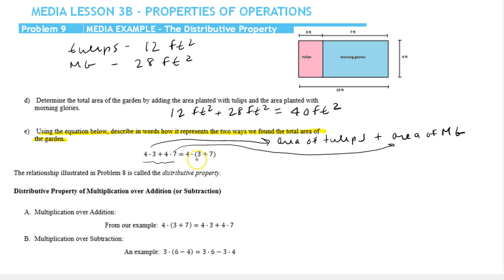And the right side, 4 times 3 plus 7, well, 3 plus 7 gave us the 10. Okay, so this piece right here is combining the lengths to the total length of the garden.